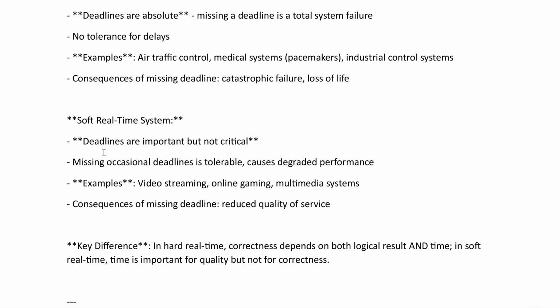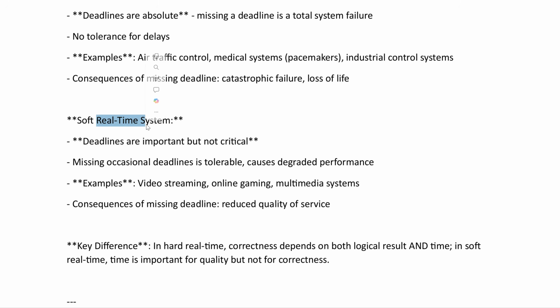Whereas the second is the soft real-time system. In this case, deadlines are important but not so critical, unlike in hard real-time systems. Missing occasional deadlines is tolerable in soft real-time systems. It can cause, however, performance degradation. Examples are video streaming, online gaming, and multimedia systems.